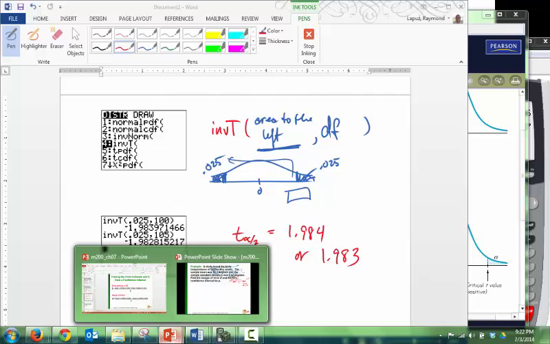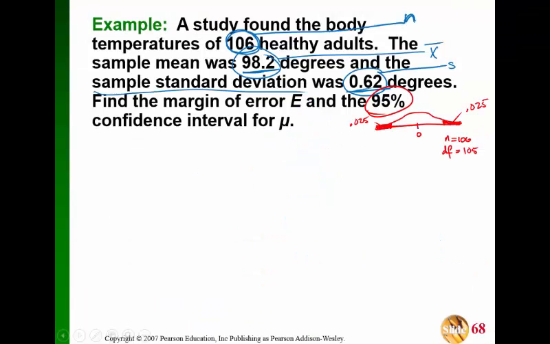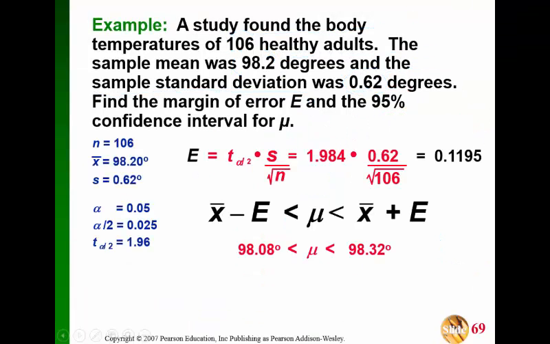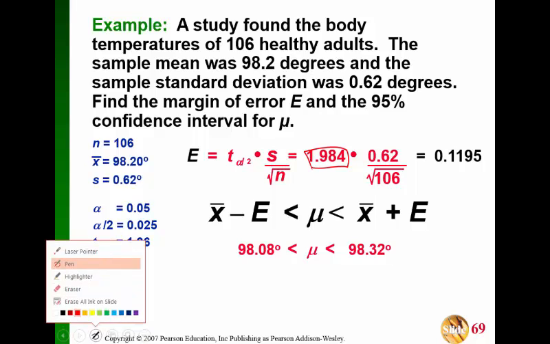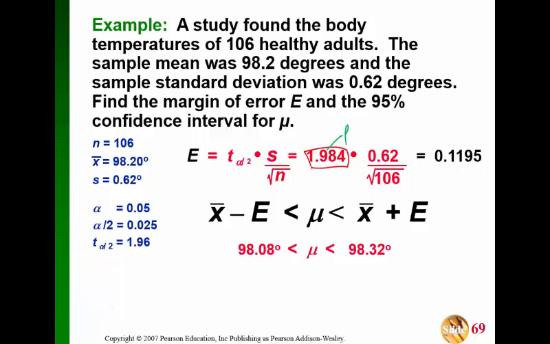So let's go back to the presentation and have the PowerPoint slides figure out the rest of the work for us. So this is from table A3 that we got. This is our critical t-value. And then you just plug it into the formula.